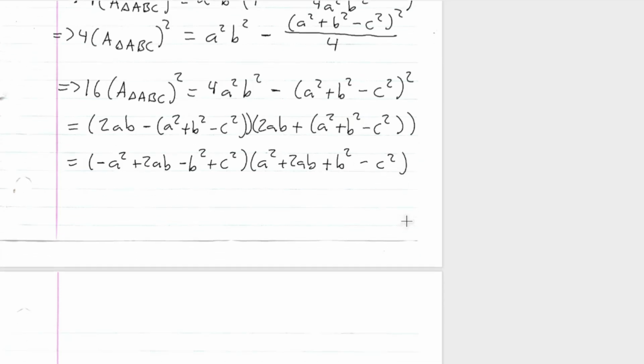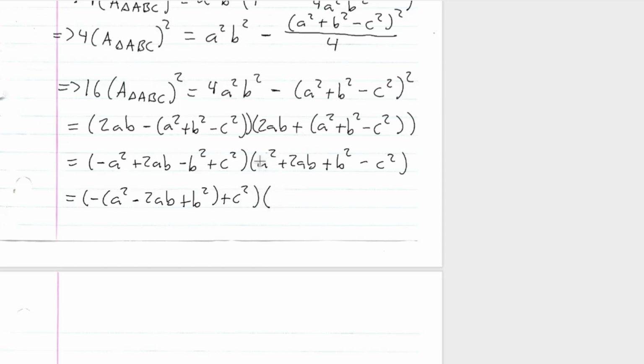All right, so the reason why I did this is because I will factor out the negative from these three terms, okay? So negative a squared minus 2ab plus b squared, and then plus c squared, right?